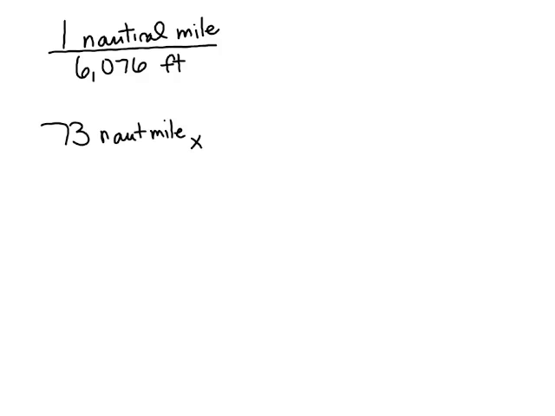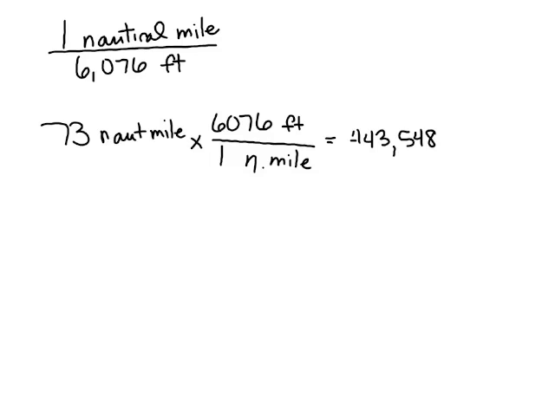So what's the conversion? 6,076 feet over 1 nautical mile. So 73 times 6,076 equals 443,548 feet to circumnavigate the island.